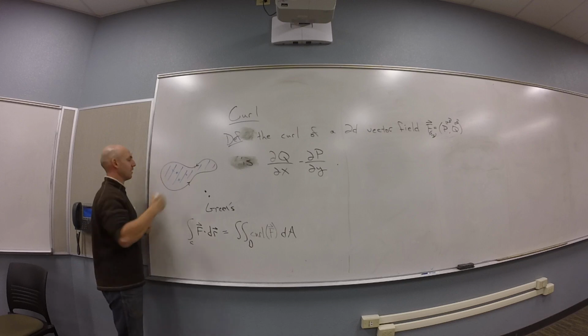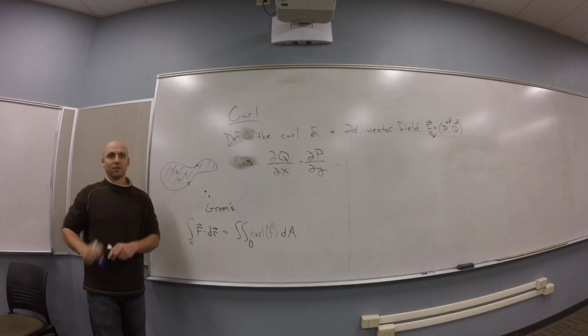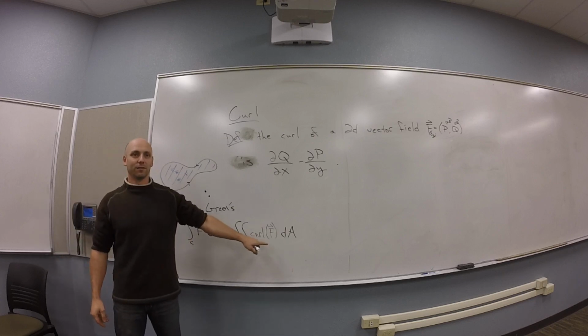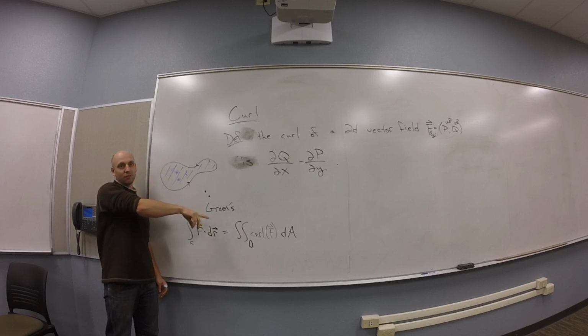The little paddle wheels tend to turn in this vector field, and that tendency is given by the curl of F. The amount they turn is given by the curl of F, and that's a scalar thing. That's just the rate at which each little infinitesimal paddle wheel is turning.